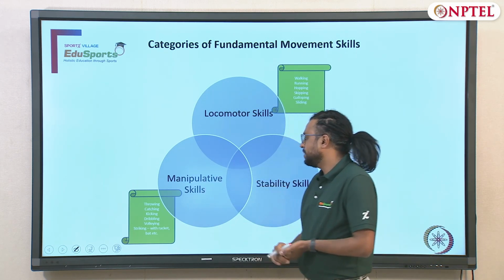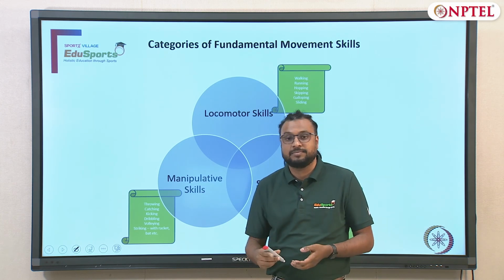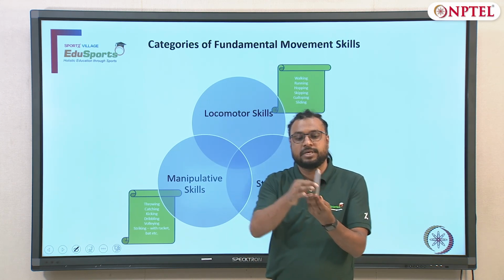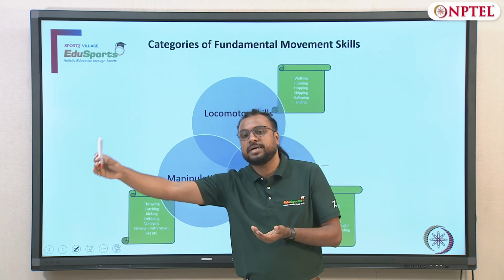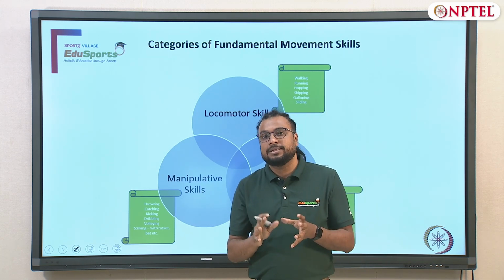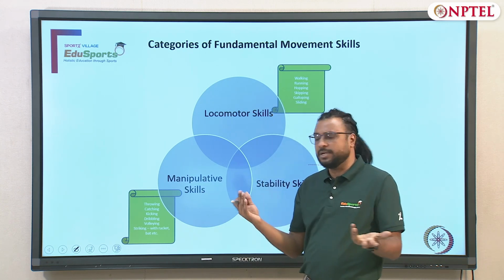Manipulative skills are the skills where you manipulate something, means the object, for example. This object is here, I take it from here to there, I am manipulating the object from one place to the other place. So, any kind of skill you perform that has an object involved and you do something with the object is a manipulative skill.